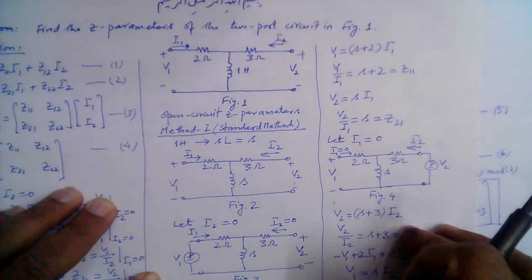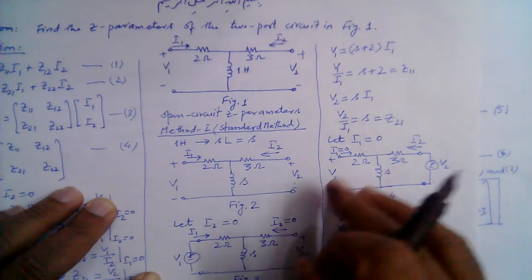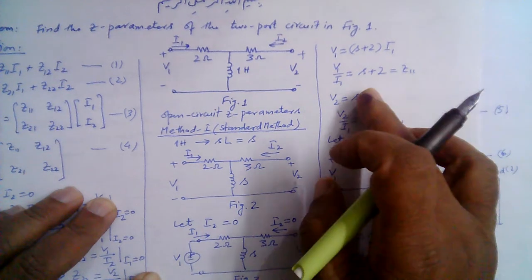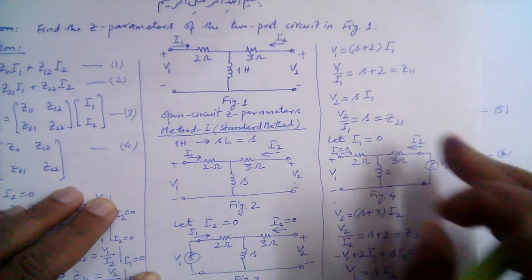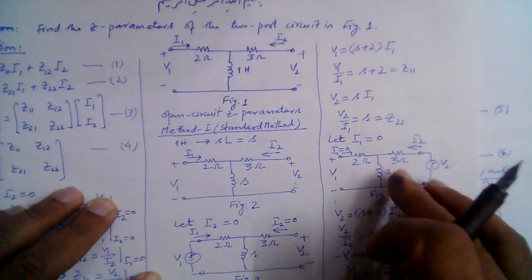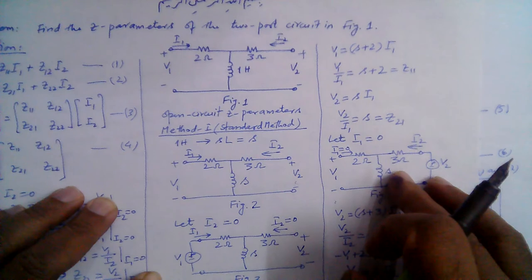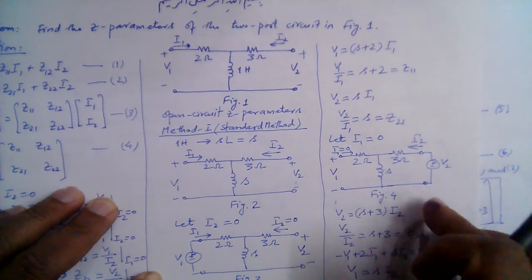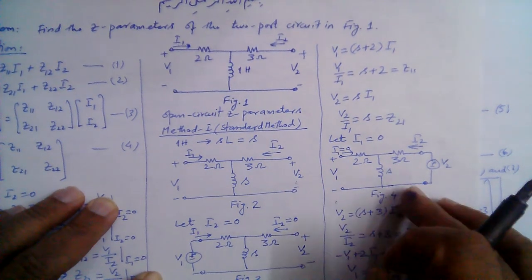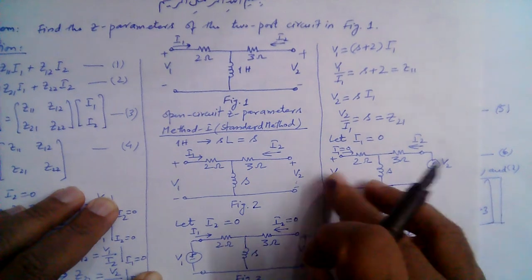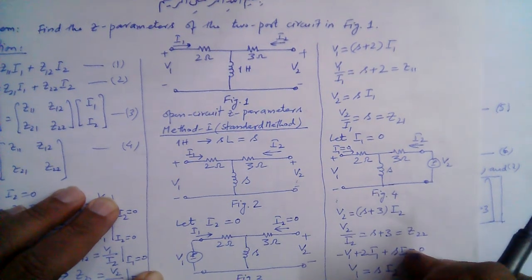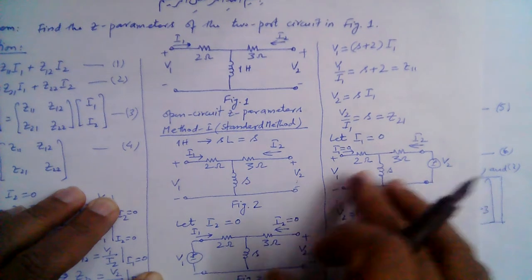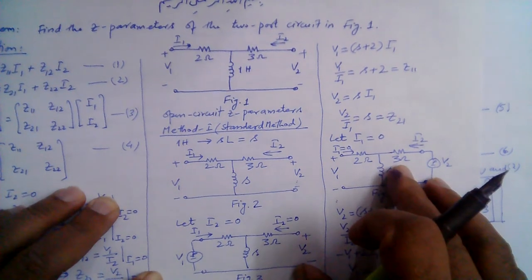But let me say it again, the values that we find here, the values of V1, I1 or V2 or I2, cannot be substituted in this second part of the solution, where we switch off the other current and find the rest of the 2 parameters. So both the circuits are solved independent of each other. So you should remember that.